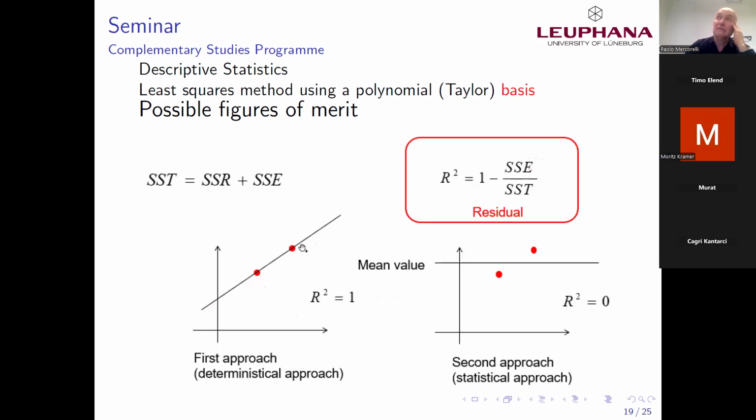This means SSE is 0 in this case here. R squared is 1, the maximal value. R squared assumes the maximal value.